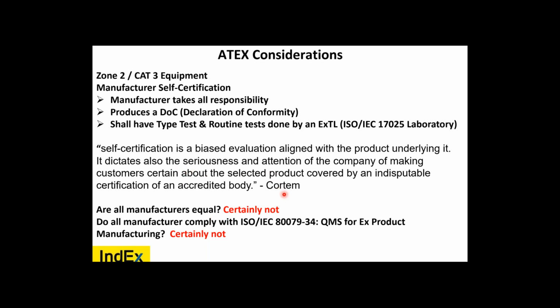Do all manufacturers comply with ISO IEC 80079-34 quality management systems for manufacturers of EX products? Certainly not. So be aware there is a difference between ATEX and IECEx. IECEx equipment, Zone 2, GC equipment is certified, independently third-party tested and certified. ATEX, there's a weakness in the system there.